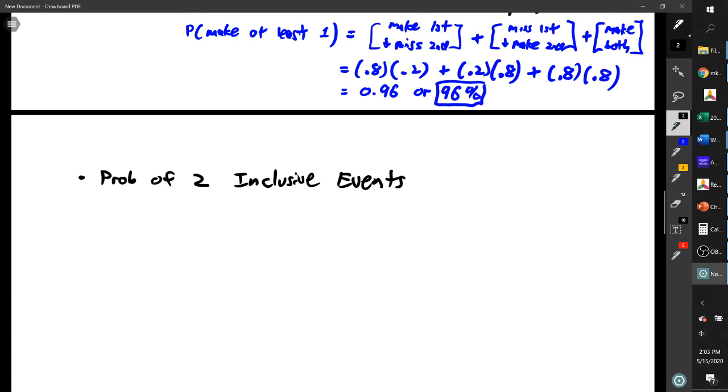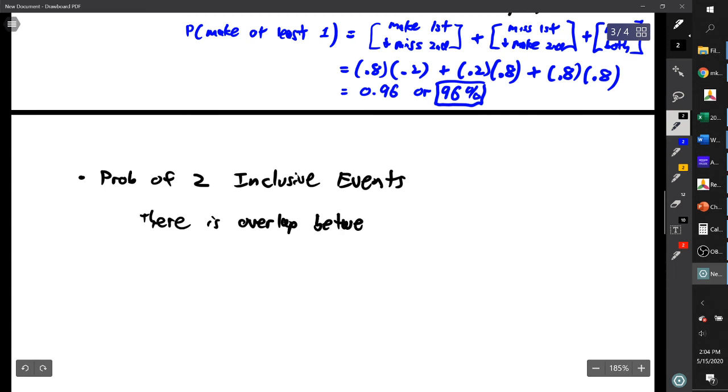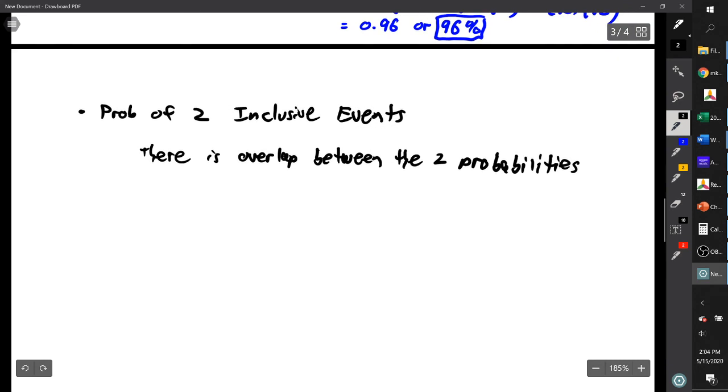There's overlap between the two probabilities. So that would be like this. We do a little Venn diagram kind of a thing.